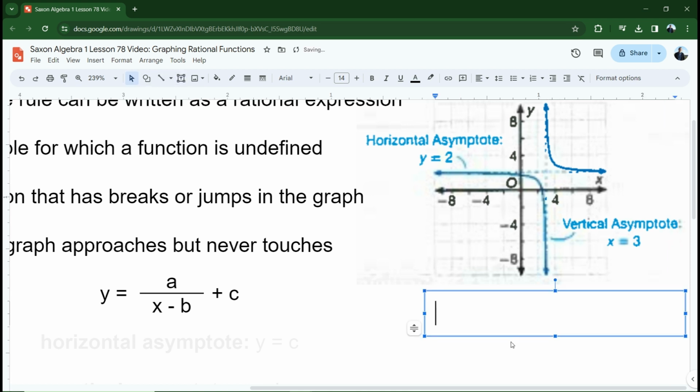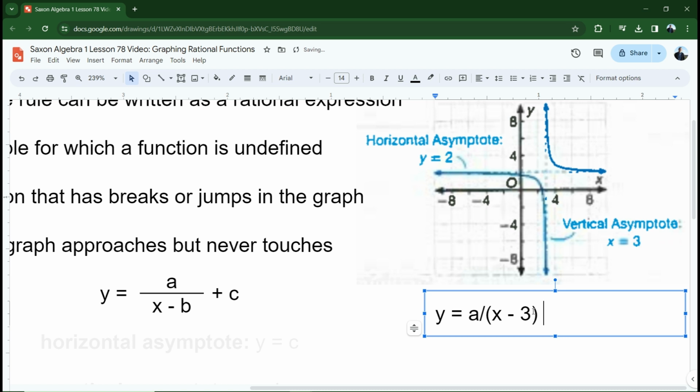So it's going to be y equals, and then I don't know what a is, so I'm just going to write a divided by x minus, and now my vertical asymptote is whatever number this is. Notice it's at x equals 3. Whatever number is in my vertical asymptote equation is being subtracted from x. It's x minus 3 gives me an asymptote at x equals positive 3.